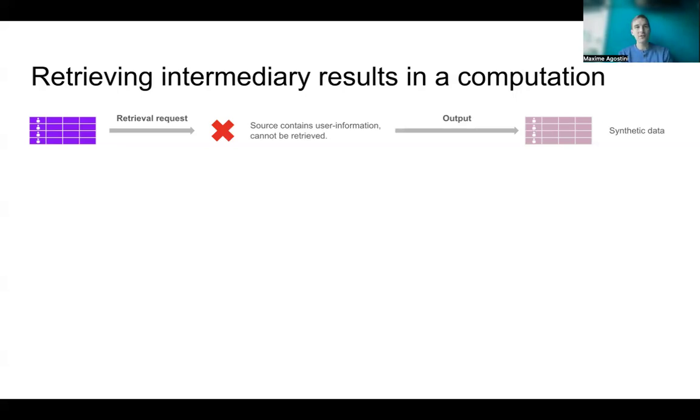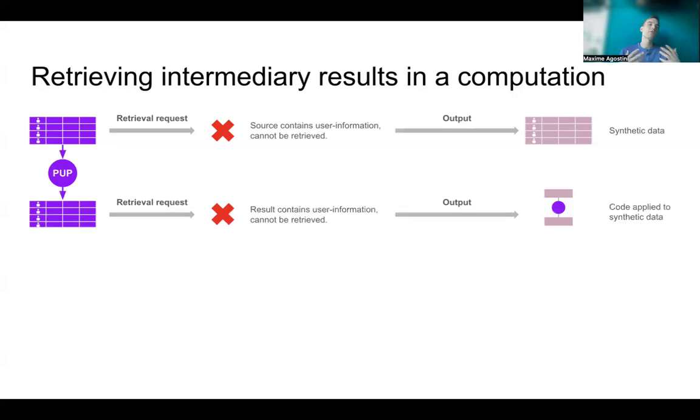And what's important to us is that it doesn't prevent you from keeping on building on top of it. So for example, you apply a first transformation here, a PUP transformation, you have a new data set, and you ask to retrieve this object. And again, it's going to be blocked because you're retrieving an object where users are. So even if maybe you deleted the names with your PUP transformation, this information is still very easy to link back to individuals.